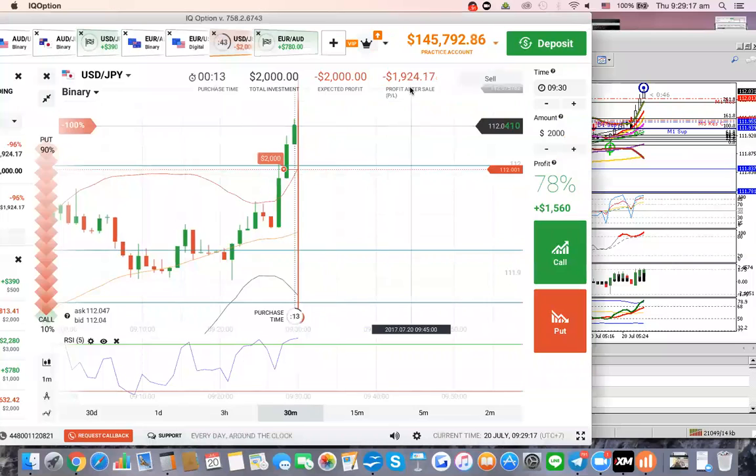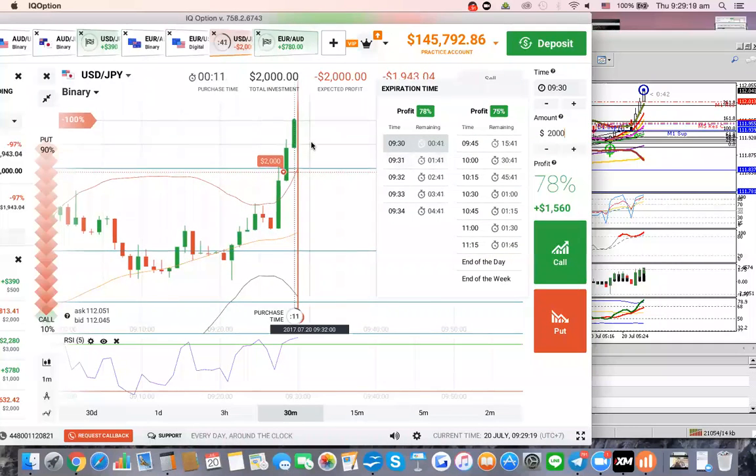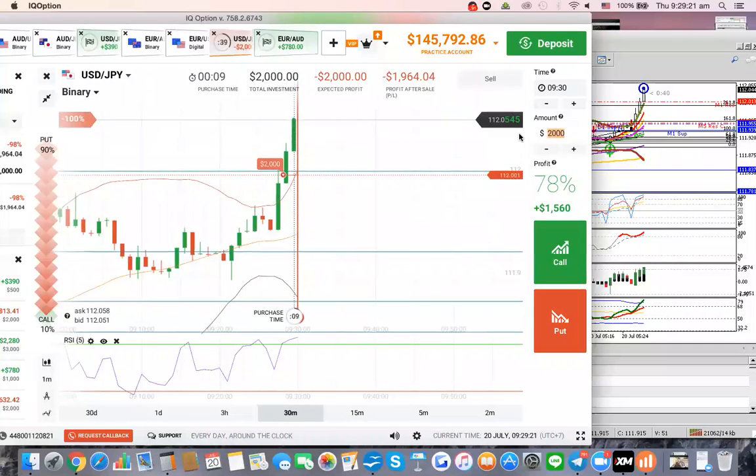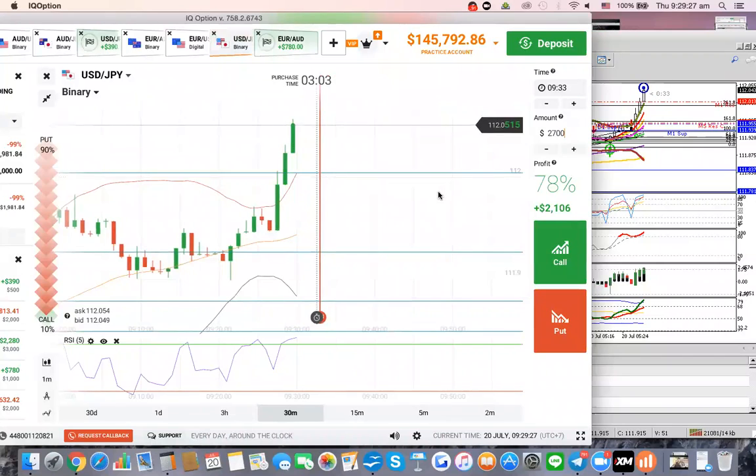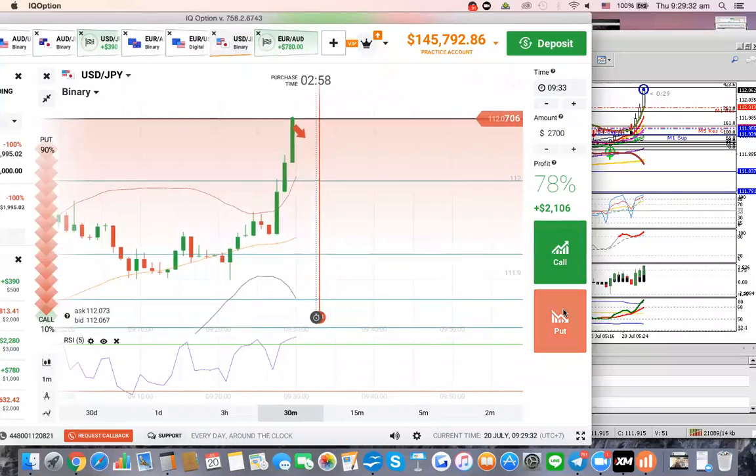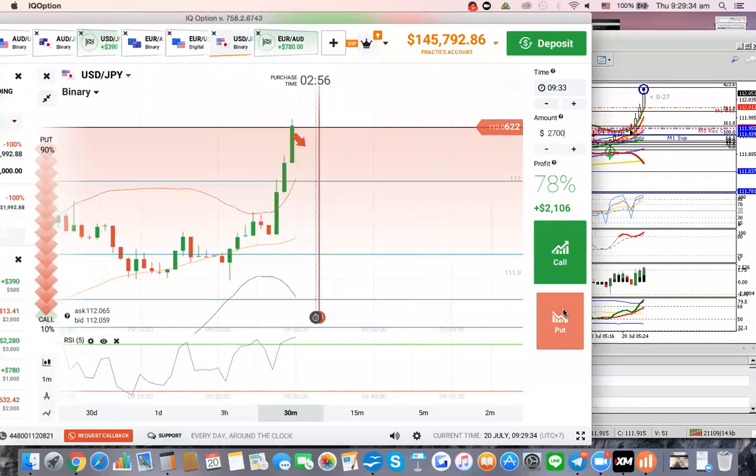261. Okay, 3 minutes. End of this candle. With a slightly larger trade. It's just about right. 423.6. Go.